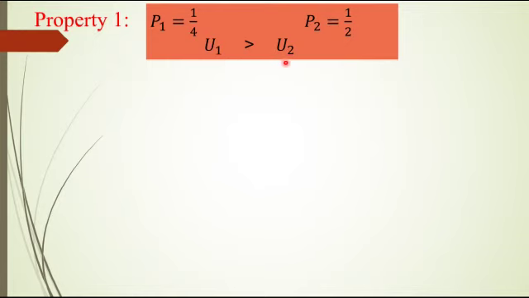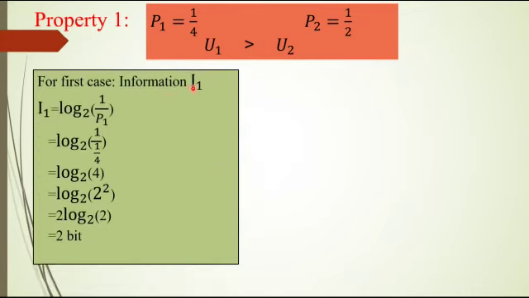As probability P1 is less, the uncertainty of P1 is more. So U1 is greater than U2. Now let us calculate the information from both of the cases.